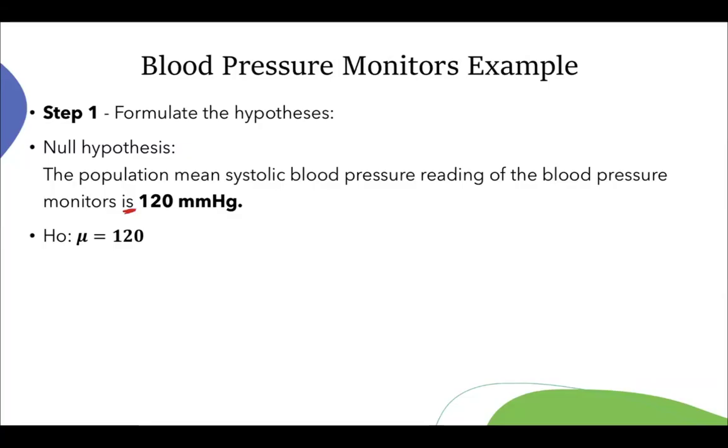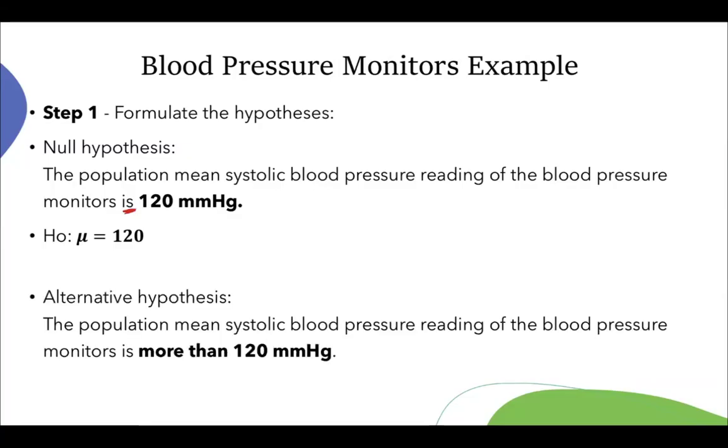Now, it's in the alternative hypothesis where we state the direction and the counterclaim. The population mean systolic blood pressure reading of the blood pressure monitors is more than 120. So this is the counterclaim that the medical researchers put forward. And so the symbols: mu greater than 120.